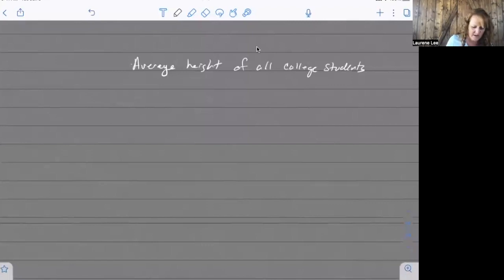Let's say, for example, that there are 50,000 students on campus. So then what I do is I'm like, well, I don't really want to measure 50,000 students. I am going to pick 30 students at random.